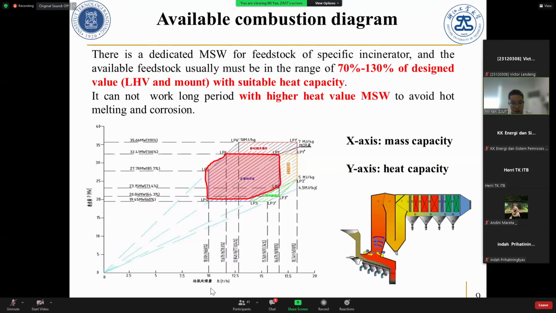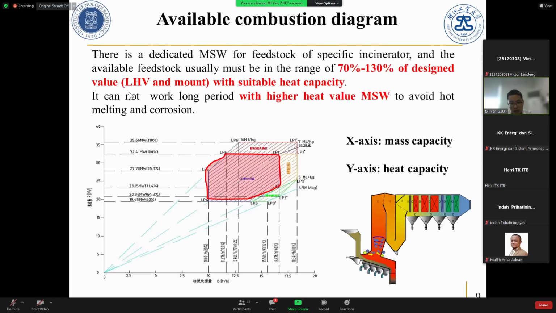So this is very important. Very important. So this is the amount, and this is the heat. So we have this area. For the amount, we can operate in overload for a long time, but for the overheat value we cannot. So we should take care.